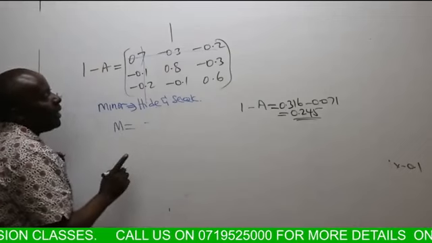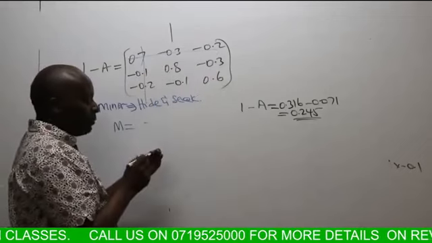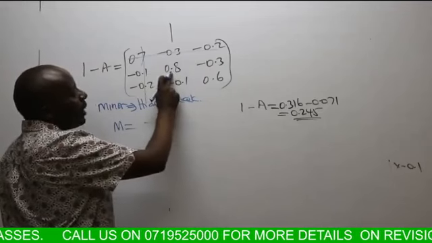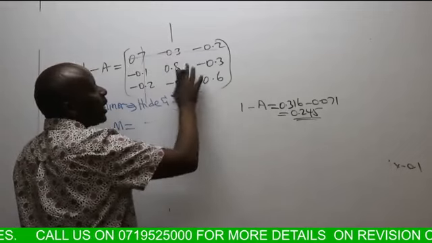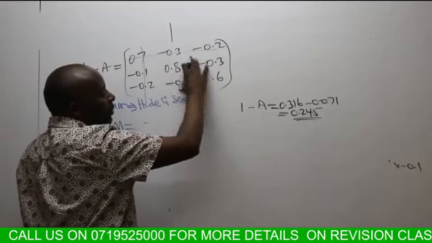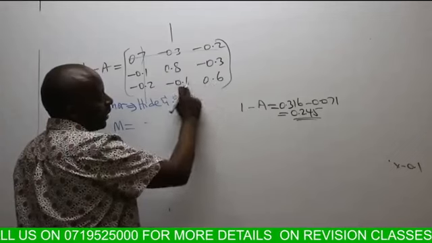How do you get the minor? You simply give us the determinant of the left submatrix. So you have covered this row-wise and column-wise, and then we are left with a submatrix which is uncovered. This uncovered submatrix is the one you give us its determinant. Determinant is product of primary minus product of secondary.